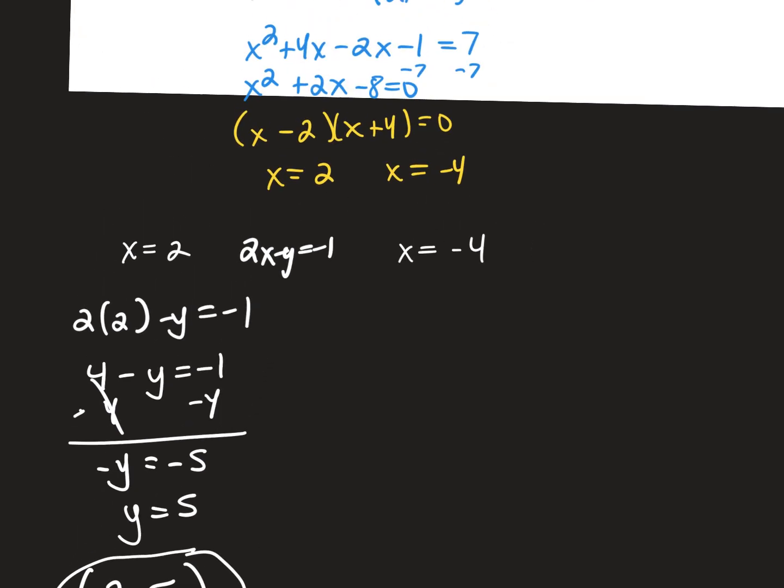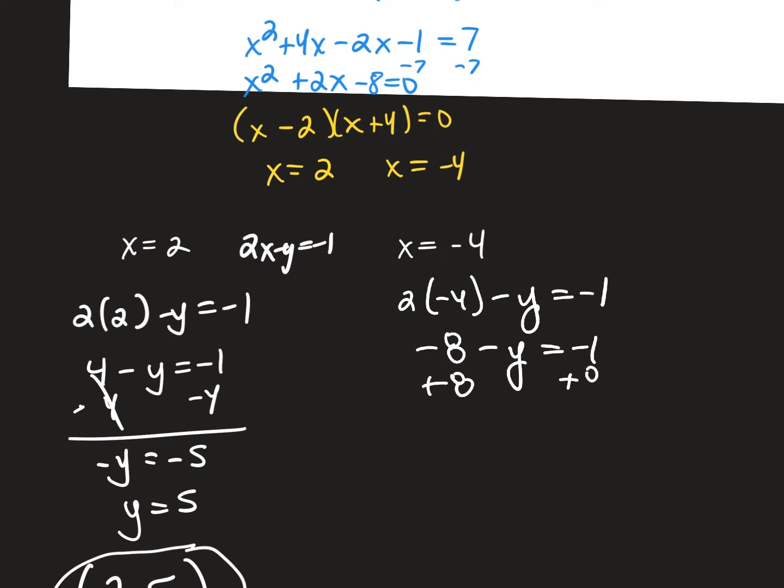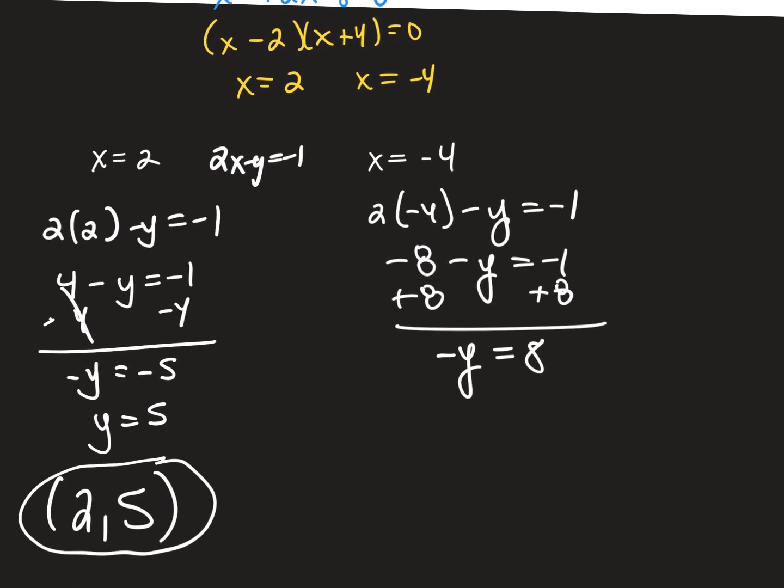Now on the other side, we're going to take 2x minus y equals negative 1 and plug in negative 4. So 2 times negative 4 minus y equals negative 1. So negative 8 minus y equals negative 1. Add 8 to both sides. So negative y equals 7. So what's y equal?